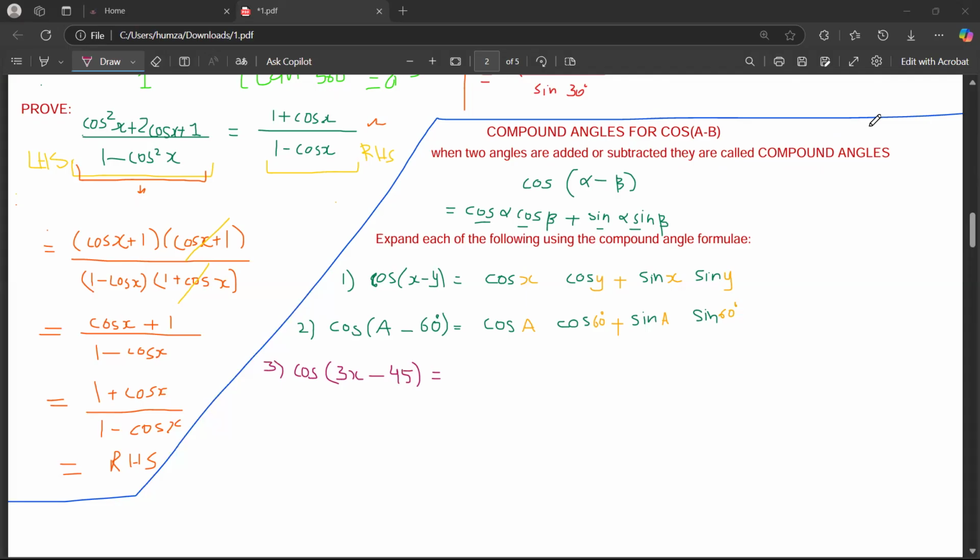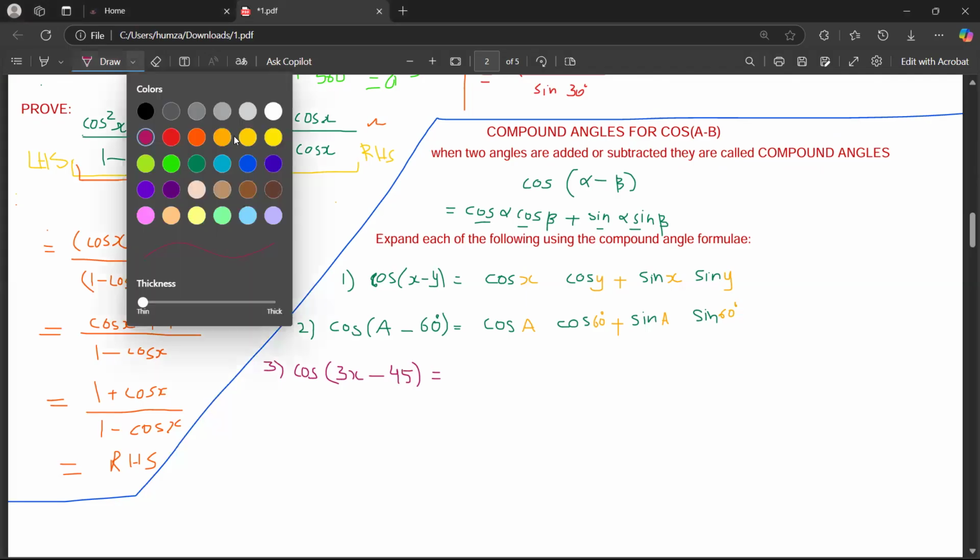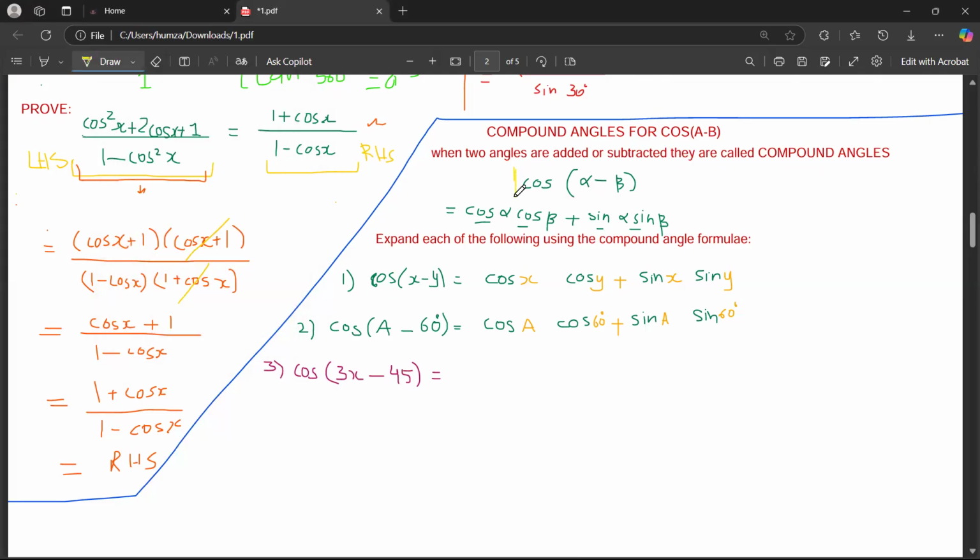Okay, no problem. Let me explain to you again, right? When we are looking at compound angle, cos alpha minus beta, this is always given in the formula sheet which comes with the exam paper. Sometimes they give you the second part, sometimes they don't.